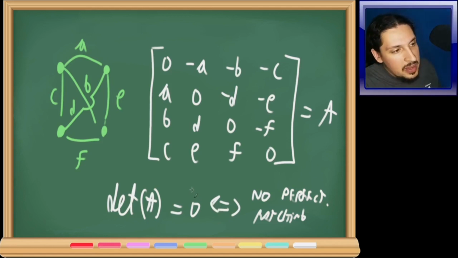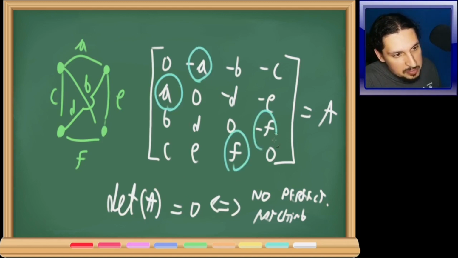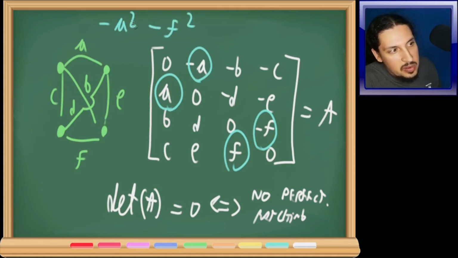And basically, you can check it, because if you know about permutations, the intuition is that when you choose, for example, this permutation AF, which corresponds to a matching, actually I can see it here. Well, the determinant for this will be something like minus a square, minus f square, or maybe positive, not sure.